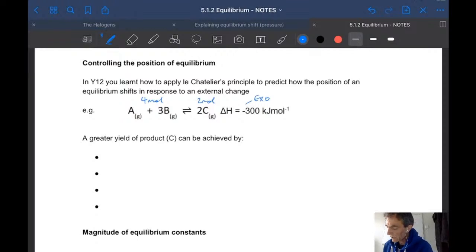So what's going to push this equilibrium over to the right? In terms of pressure, if you increase the pressure, that would favour the side with the fewest moles, which is the right, so that would push it over to the right. What kind of temperature is going to favour the forward exothermic reaction? It's going to be a low temperature, so lowering temperature.